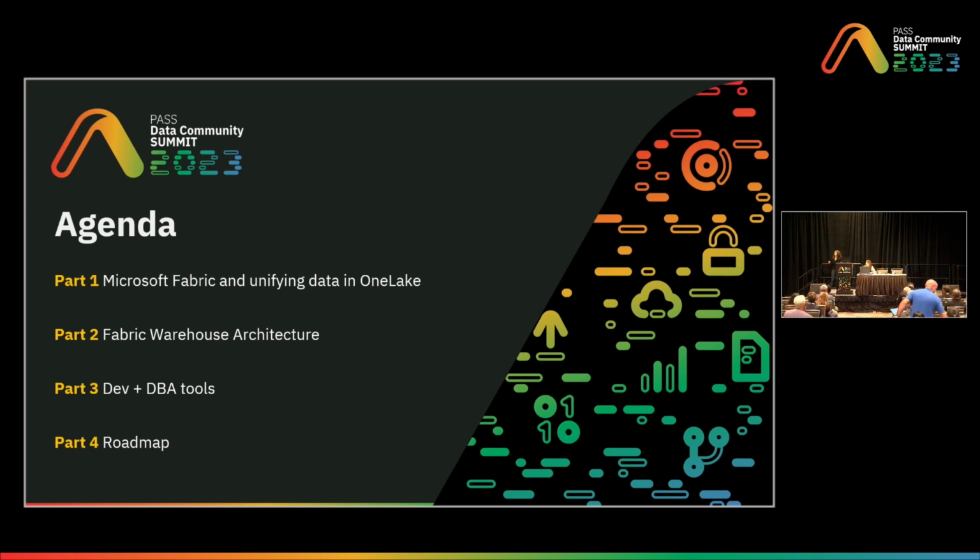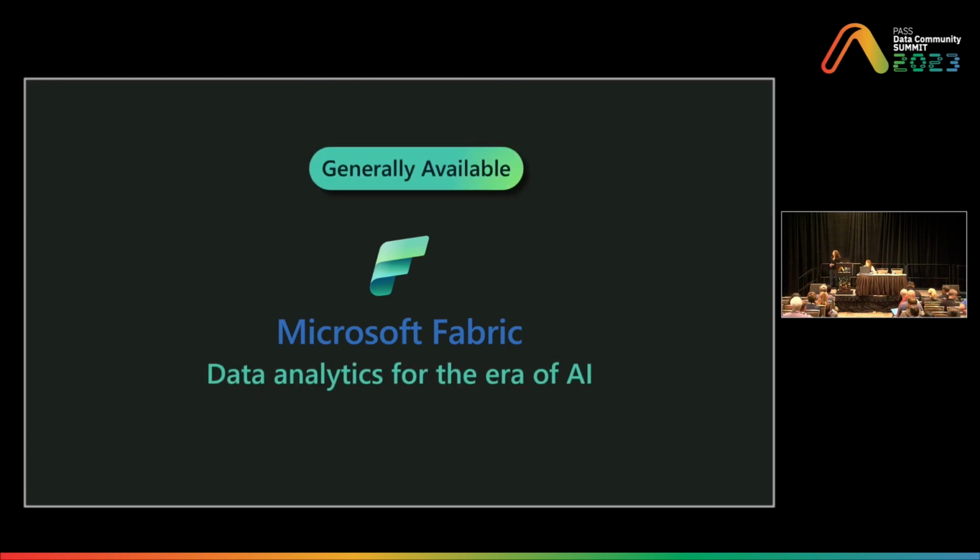So let's start there. First of all, Microsoft Fabric is generally available as of today. For those of you that didn't raise your hands, this should be really exciting news. We launched public preview at our Build conference back in May, and now it is generally available. Microsoft Fabric is our unified data and analytics platform, and it is built for the era of AI.